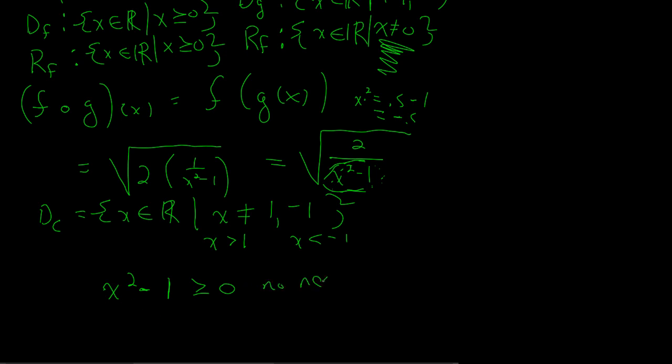No negatives. So x squared has to be greater than or equal to 1, or x is greater than 1, or less than or equal to negative 1 for that to work. And so that is how that comes through. But it can't equal 1 or negative 1 because of the original restriction.